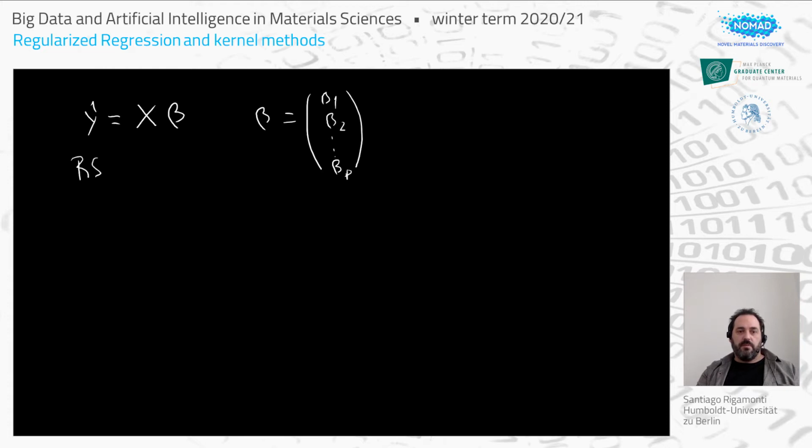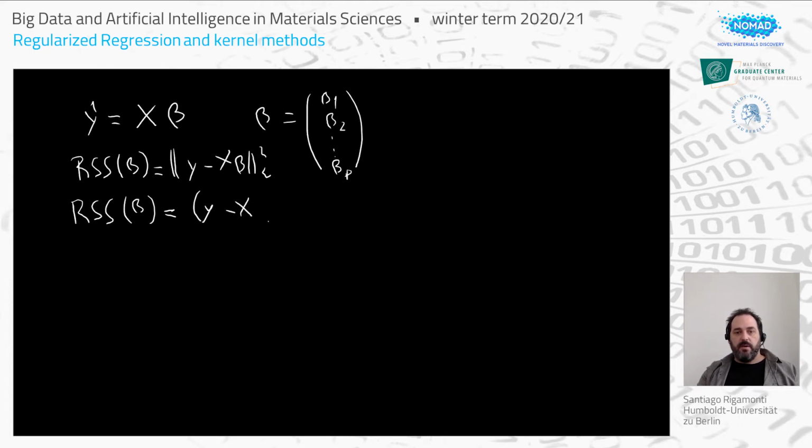The residual sum of squares is defined in this way with the L2 norm, y minus x beta squared, and we can write this actually in a more convenient way for taking the gradient that we need to do in a moment, like this: y minus x beta transpose times y minus x beta.